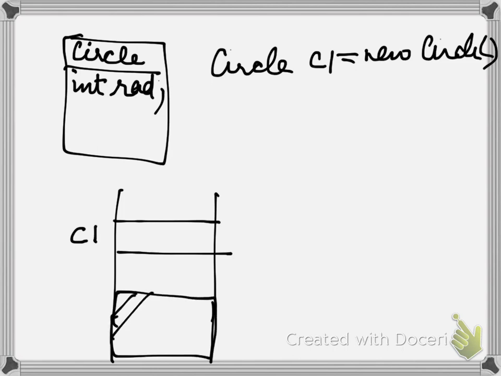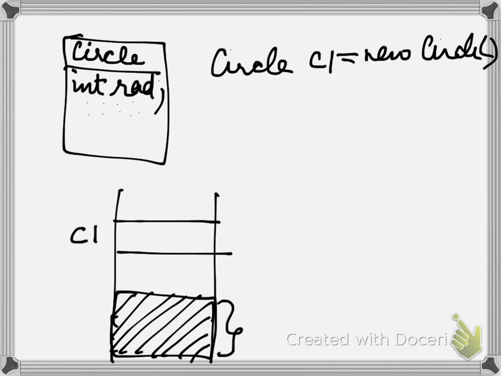Say this will be the actual location where C1 will be stored. There may be some other instance variables and methods, and all these will be stored here. So what will this memory location associated with C1 store? This will only store a reference, or the address of this location where C1 is actually stored. So your rad would be stored somewhere here.